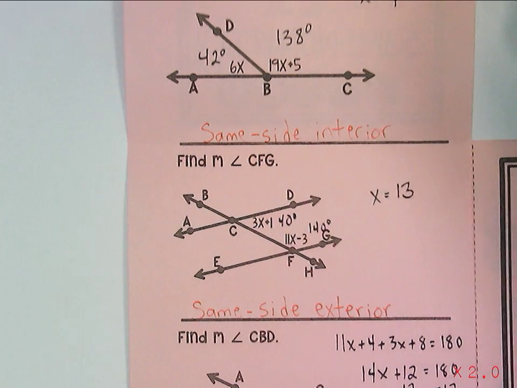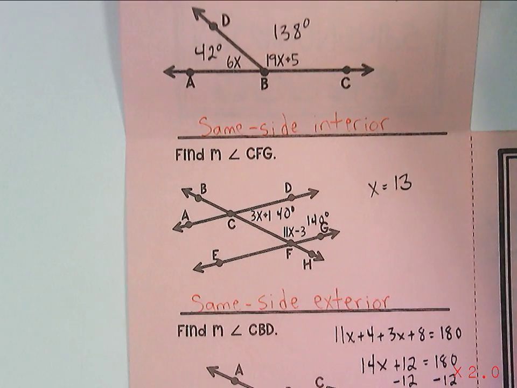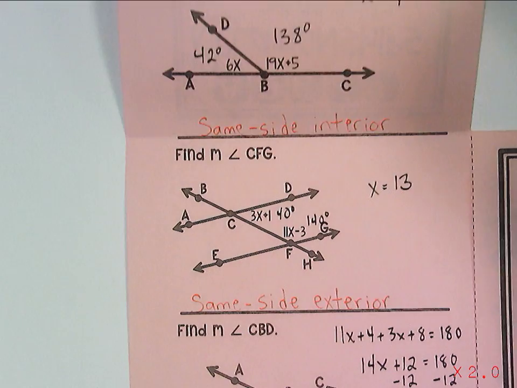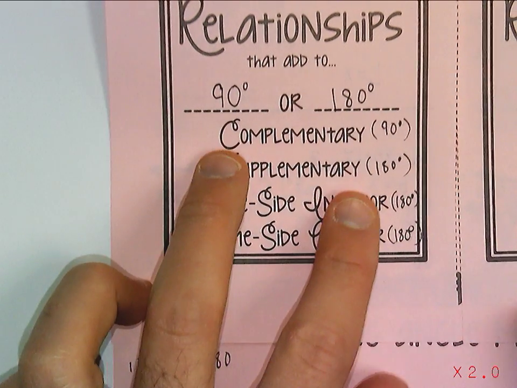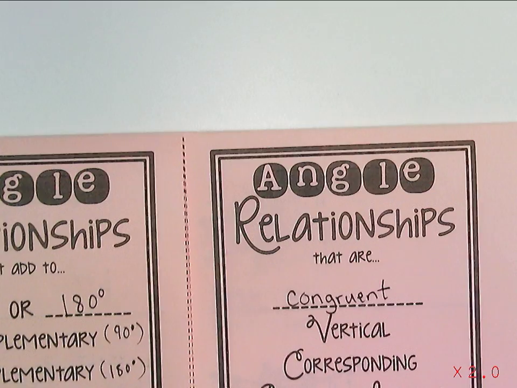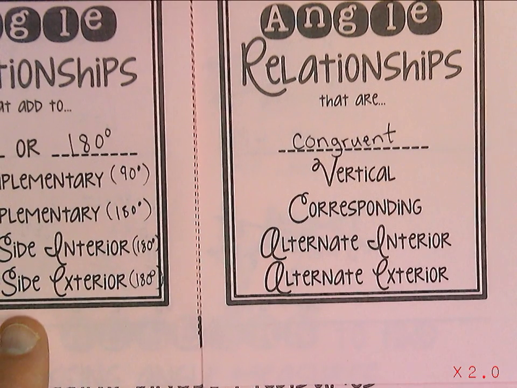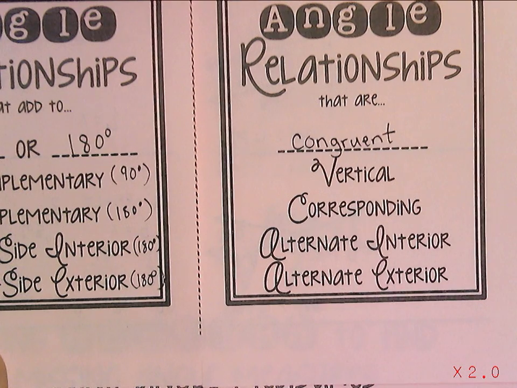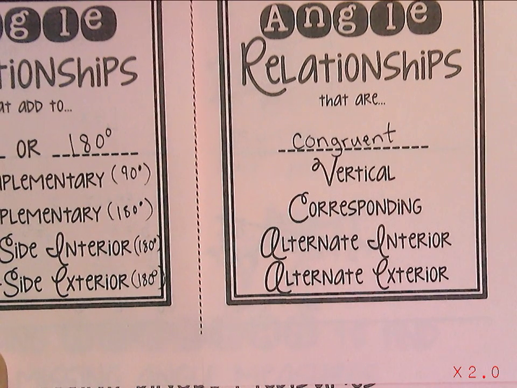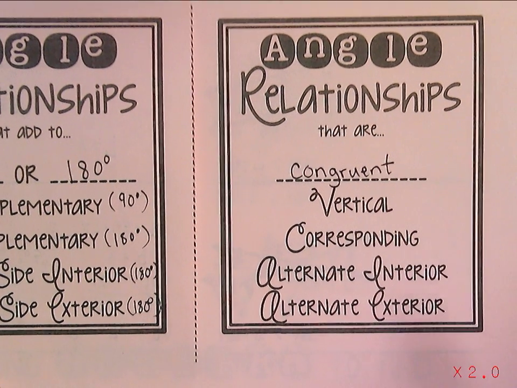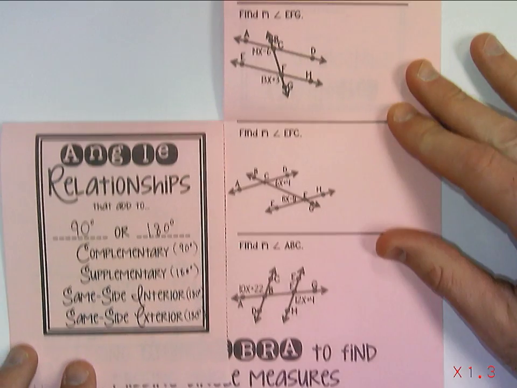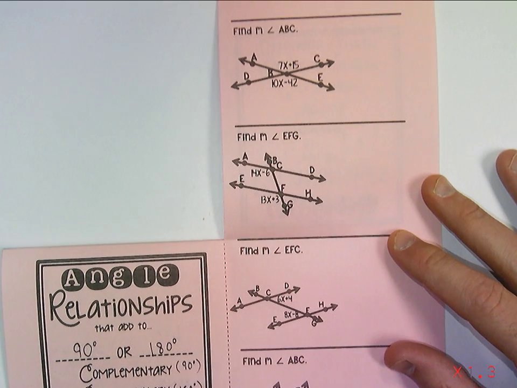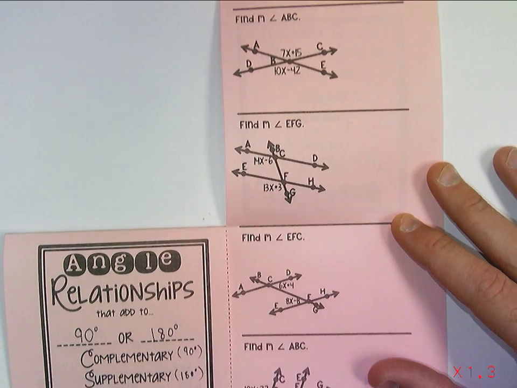So those are angle relationships that add up to either 90 or 180 degrees. Next, I want to take a look at angle relationships that are congruent. Those are vertical, corresponding, alternate interior, and alternate exterior. So just like we did before, I am going to do 2 of these examples, and then I'm going to have you do 2 of these examples.